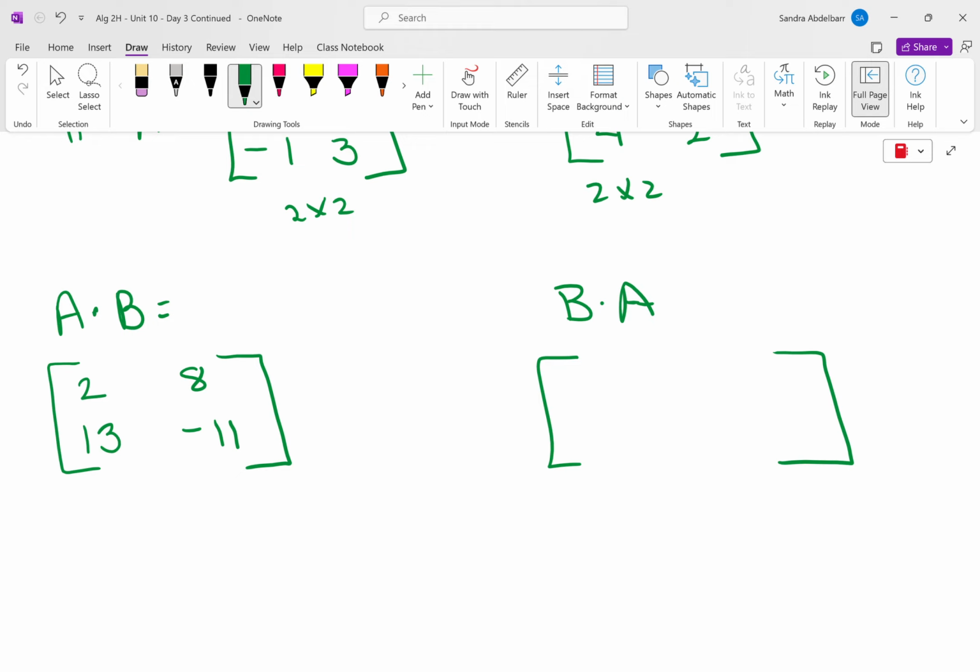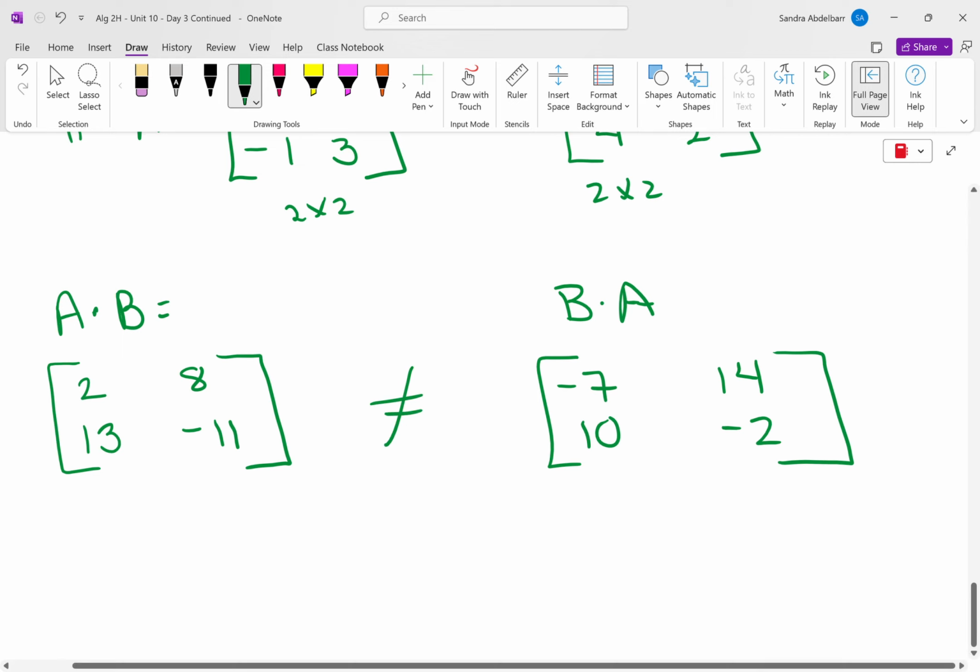Negative 7, 14, 10. All right, these were correct. Are these the same? No, these are not the same. So multiplication is not commutative. That's a huge one here. We need to remember that.